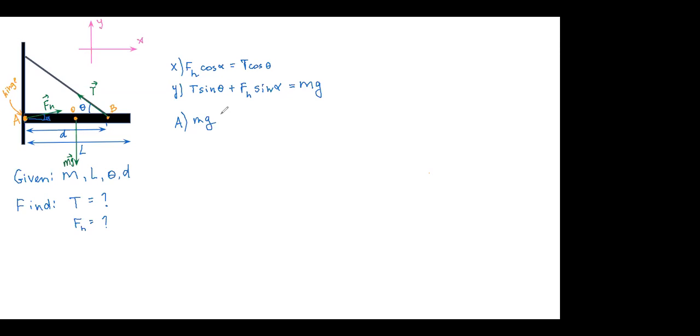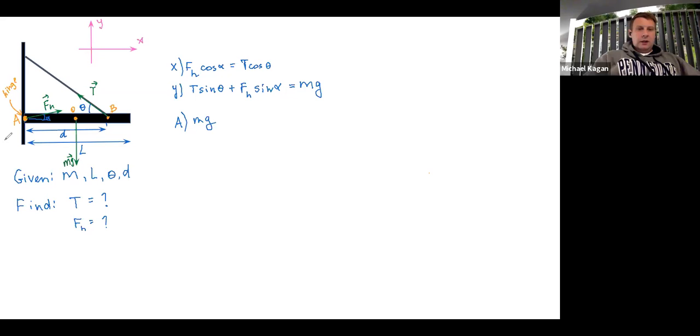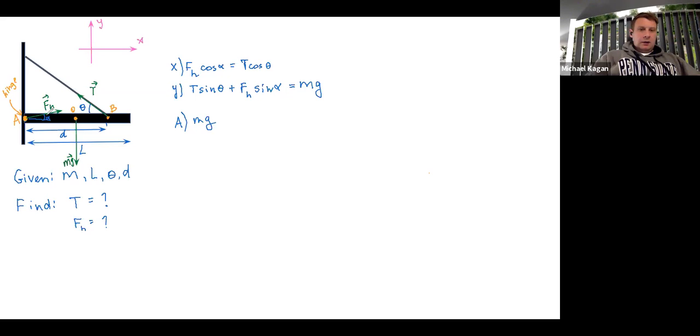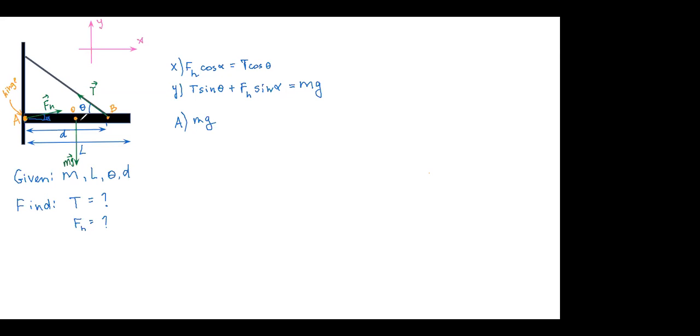Oh, I was thinking of through A. Are we doing through B or through O? Well, A is the axis of rotation, right? The force is mg, and that has an arm length of L over 2. Okay, makes sense.